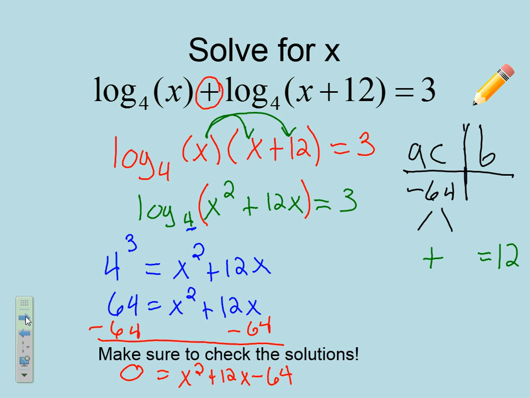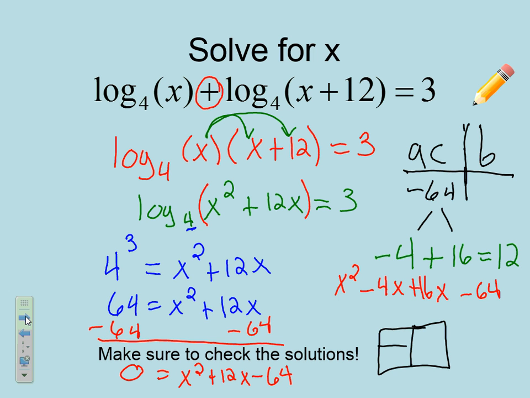So my factors of this are going to be negative 4 and 16. Once I know that, I can plug it back in. So I have x squared minus 4x plus 16x minus 64. And I'm going to plug it into my box. So I have x squared minus 4x, 16x, negative 64.